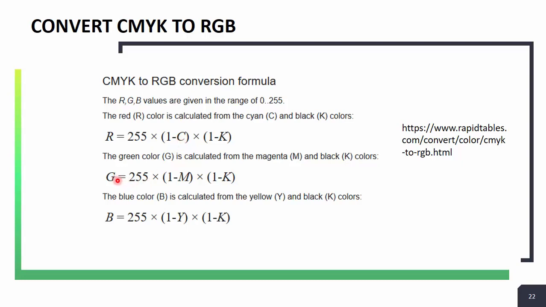If we want the green component, there will be a subtraction of magenta from 1. Why? Because magenta and green are opposite to each other in the color wheel. And if blue, we subtract Y from 1. So we will give you this formula if we require you to do some conversion in a test or exam.